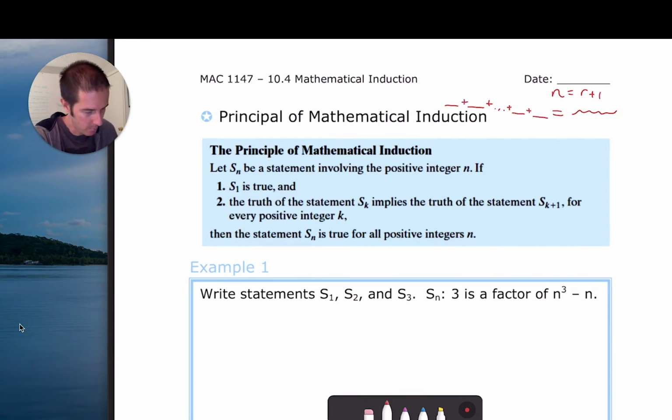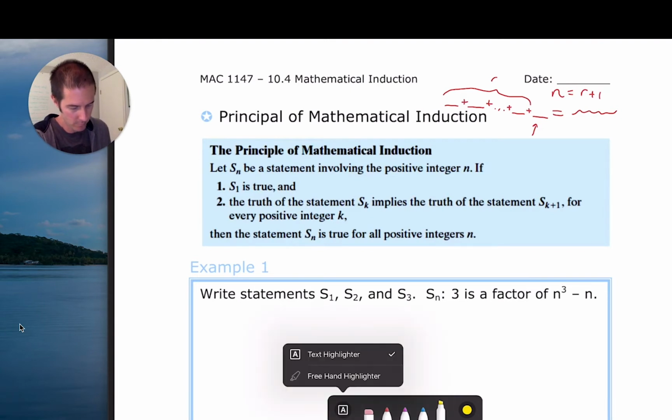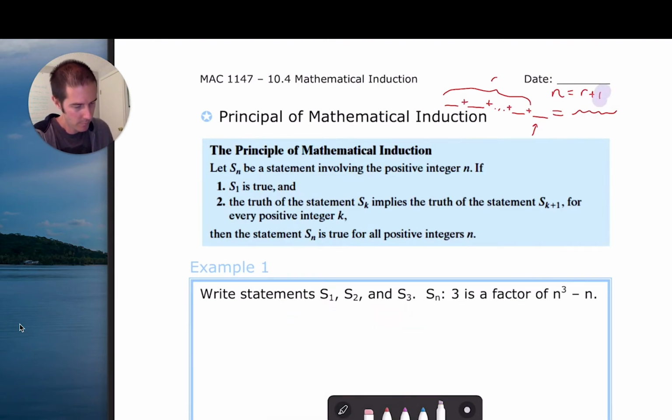It's strange to have to wedge it into this space, but here you're going to have r terms. 17, 17,000, 17 million, I don't know. R terms. And here's the extra term, right? This one is that extra term. It's the r plus first term.